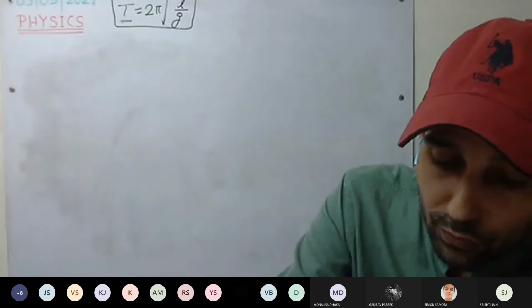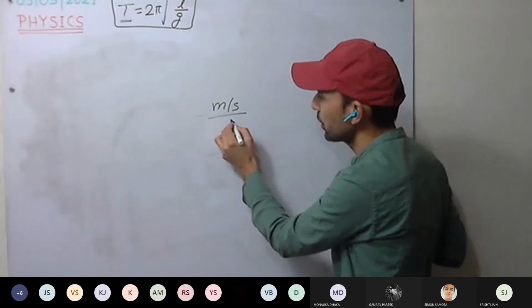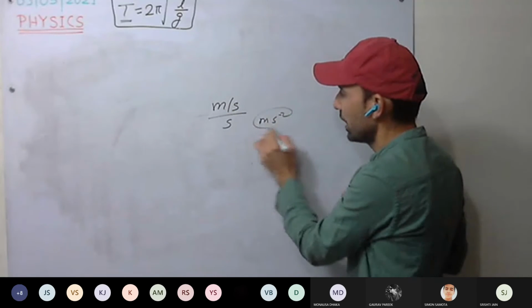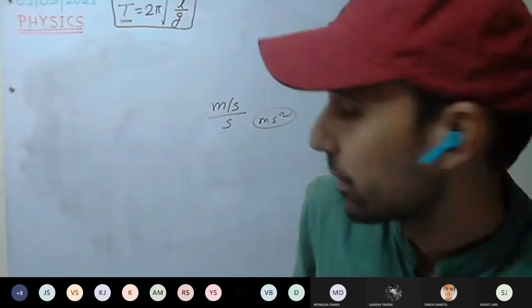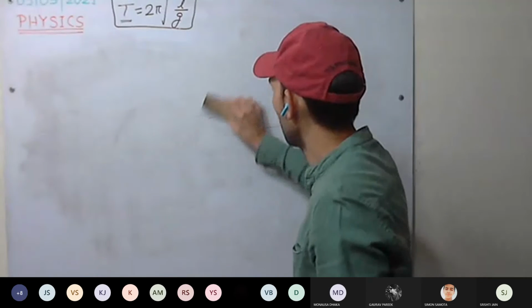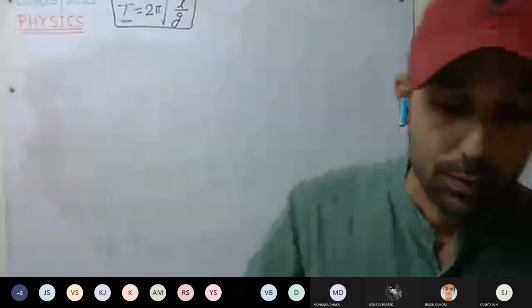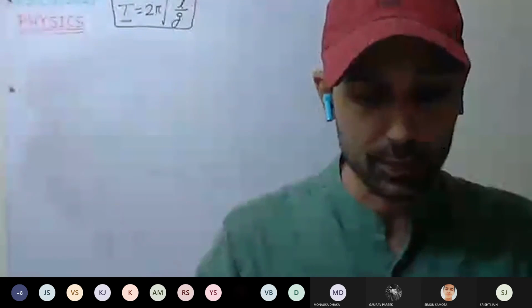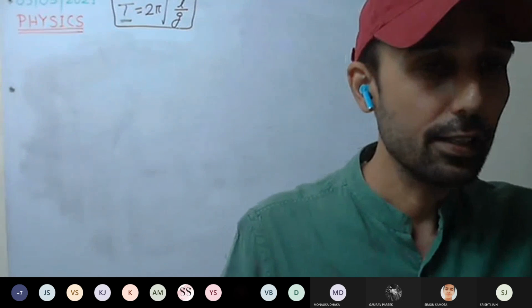What is the unit for velocity? Meter per second. Rate of change per second, so meter per second square. In more detail, we'll discuss there. When we discuss, we'll be back here. Any more doubts? We'll be discussing acceleration in detail in the next chapter. You'll understand it more. This is clear.